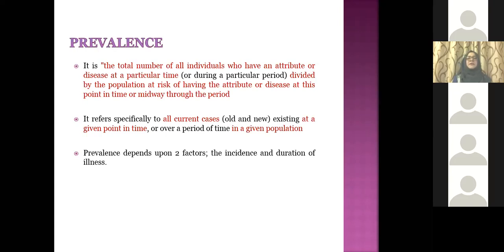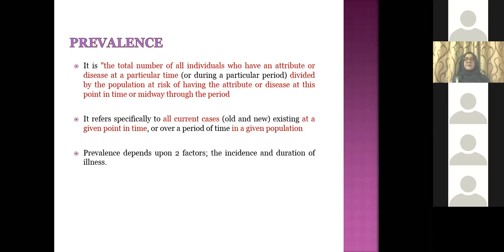And we know that prevalence is dependent upon two factors, which are the incidence and duration of illness. So the formula for prevalence is incidence times the duration of illness. The duration of illness can end with the cure of the disease or with death.